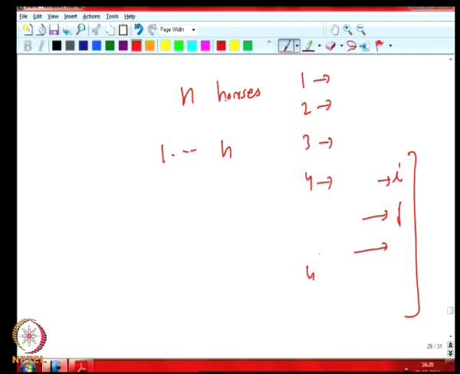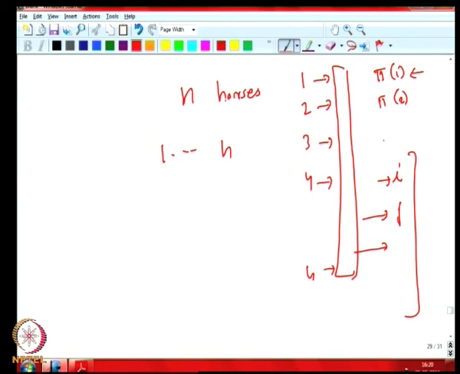Suppose somebody puts a bet like that, essentially he is selecting a permutation of the horses, right. So pi of 1 corresponds to the horse that, according to him, will come first, and pi of 2 means the horse that, according to him, will come second. Pi of i means the ith position will be obtained by that horse.